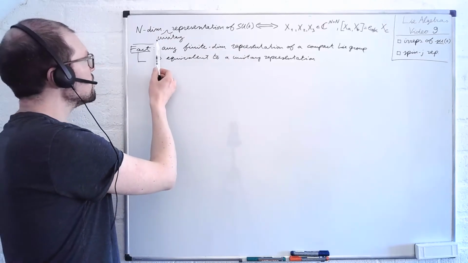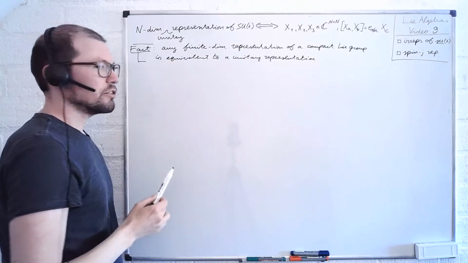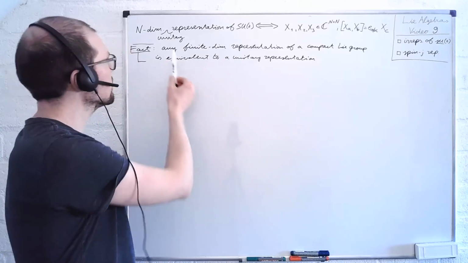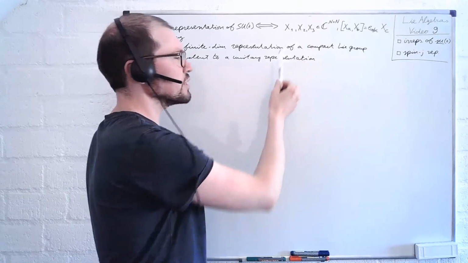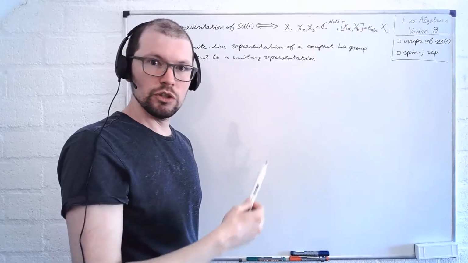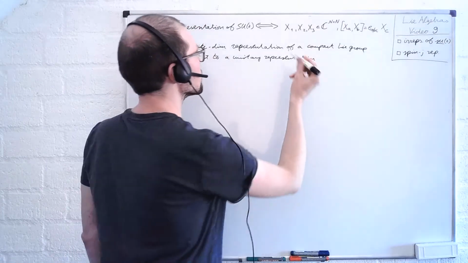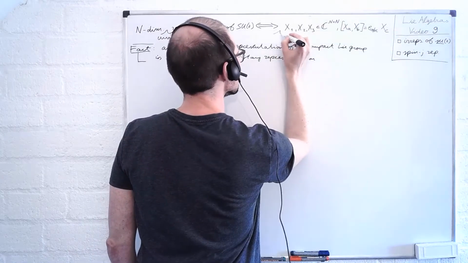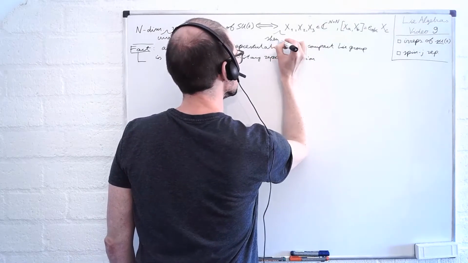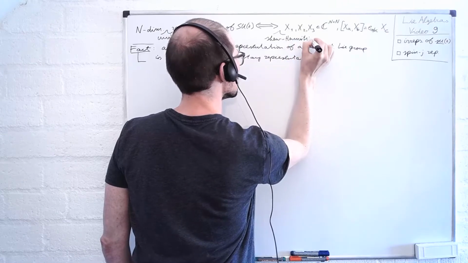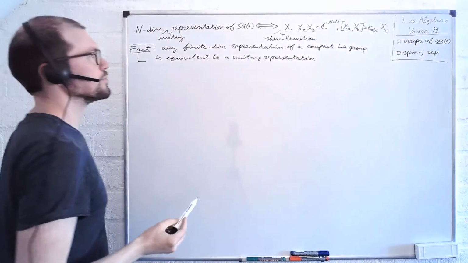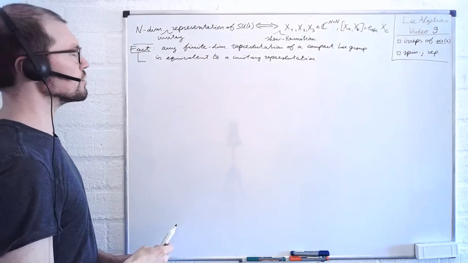Now, if you remember, if you have a unitary group, then the unitarity property translates in terms of the generators into the skew Hermitian property. So then the generators can be taken to be skew Hermitian. So that already simplifies the story a bit.